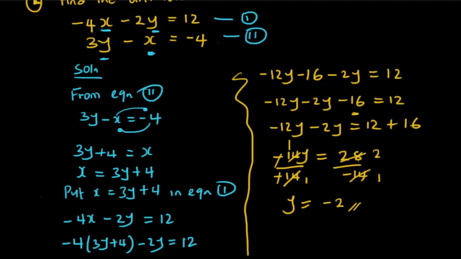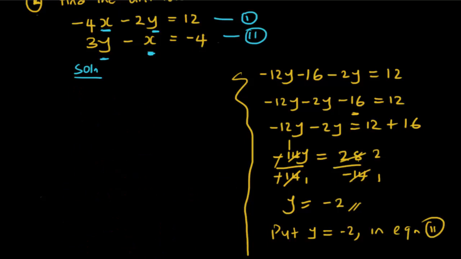It remains for me to find x. So I say put y equals minus 2 in any of the equations, in equation 2. Alright, what's equation 2? 3y minus x equals minus 4. So anywhere I see y, I call it minus 2.